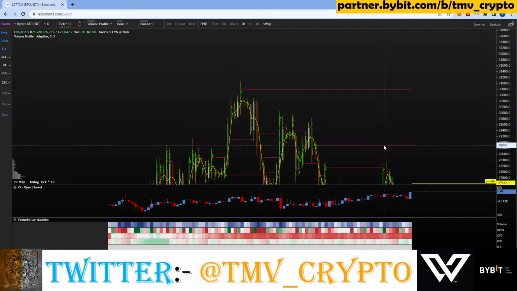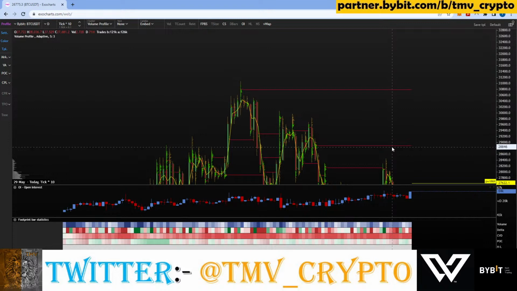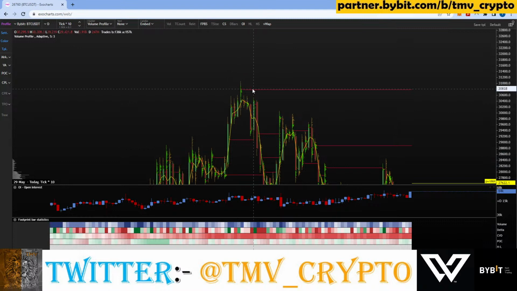That was a good level for shorts. We wanted to short this level, if you remember, but we missed it because it bounced literally till 28,500 and missed it by like 400 bucks. But that's fine. In fact, we did short this stop in the World Wealth group as well, if you remember it.